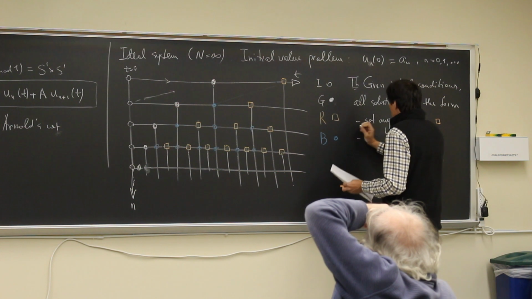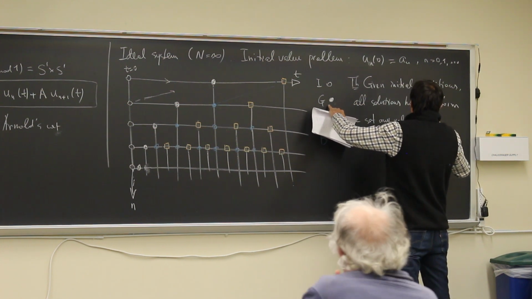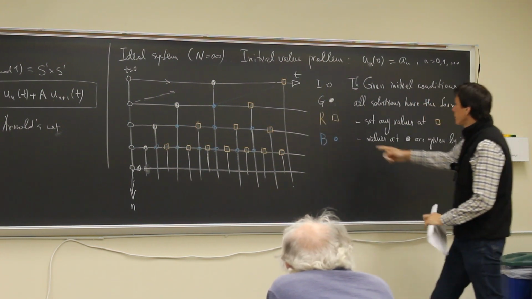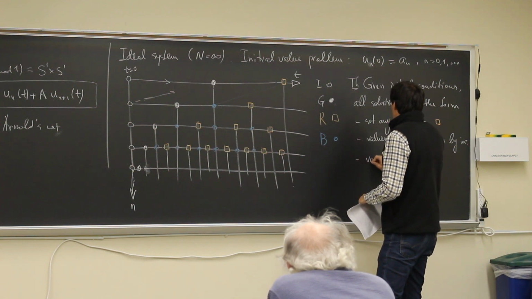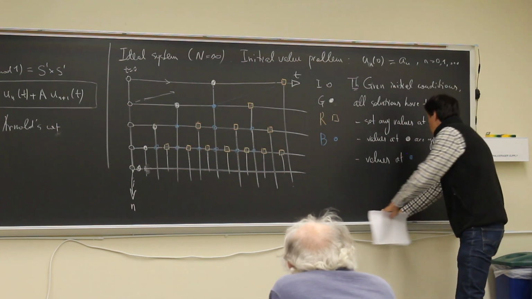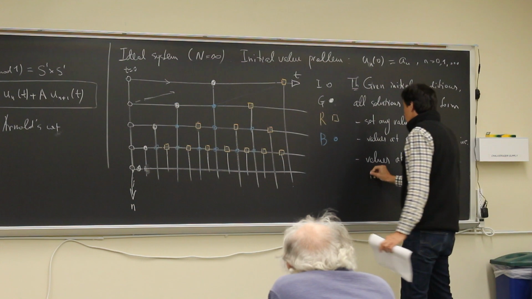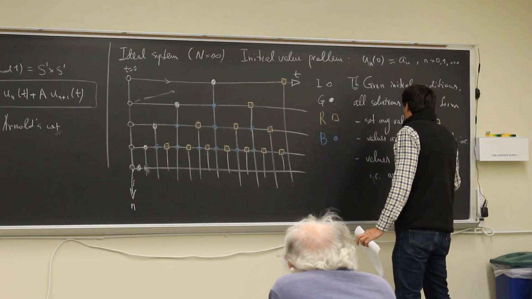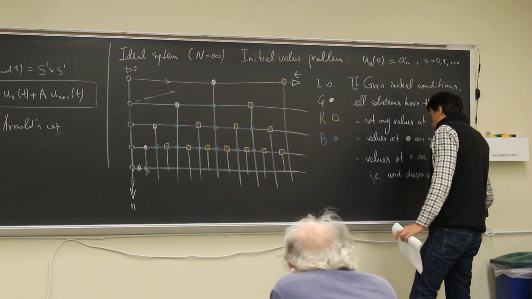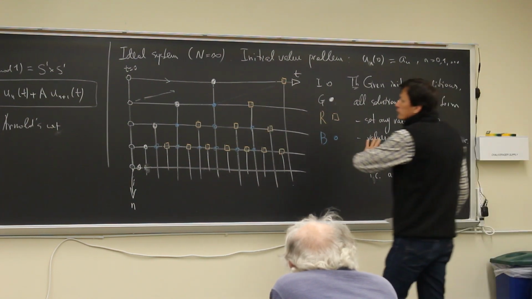Then all other values at these spots are given by the initial conditions uniquely, and the values at the blue spots are given by the initial conditions and the values which were chosen before.